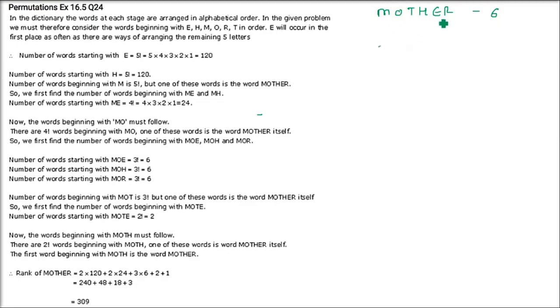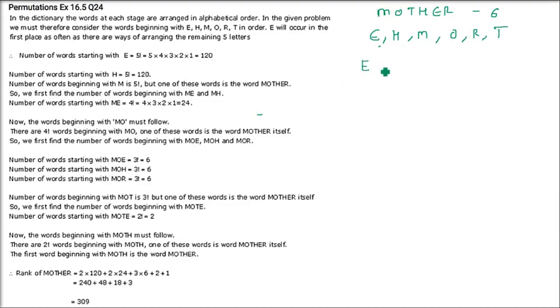Now you have to find out which rank MOTHER will come. So what is the alphabetical order here? Lexicographical order, dictionary wise, A to Z. First E is going to come.